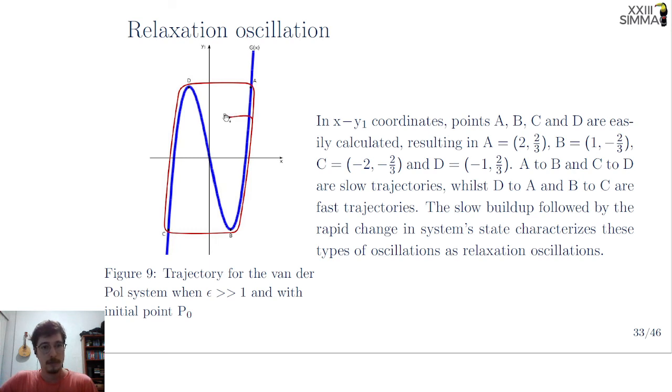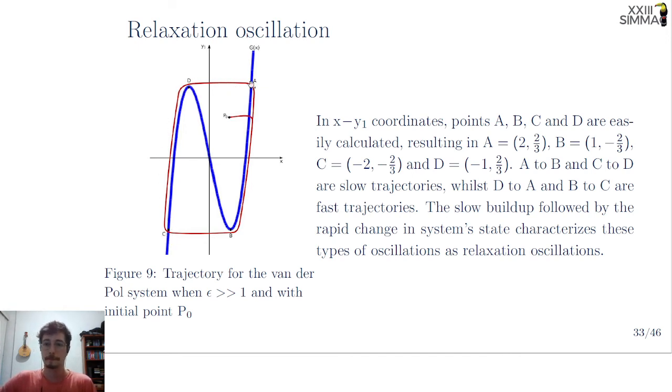And this is what we use here in order to sketch these trajectories. We chose an initial point sufficiently apart from g of x, and initially the trajectory is fast and almost horizontal. After the trajectory reaches g of x, it becomes slow, and then it reaches a certain point where the trajectory becomes fast, then another slow trajectory, another fast trajectory.